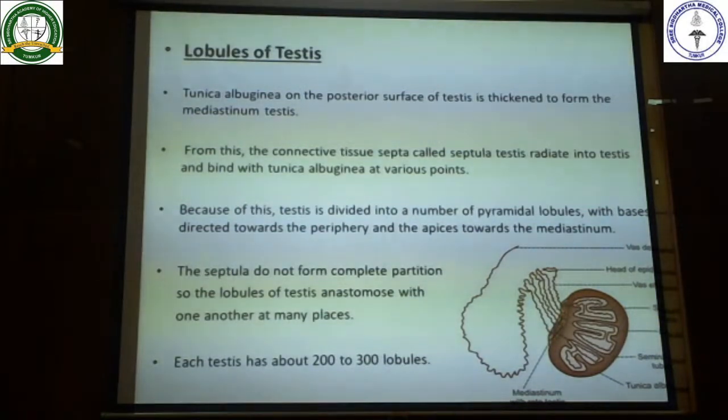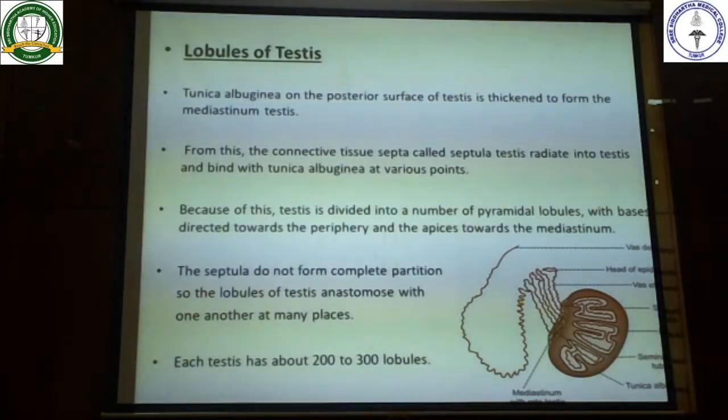Now from this mediastinum of the testis, connective tissue septa called septula testis arise. Underline this word, septula testis. These radiate into the testis and bind with the tunica albuginea at various points, and as a result the testis is divided into a number of pyramidal lobules.